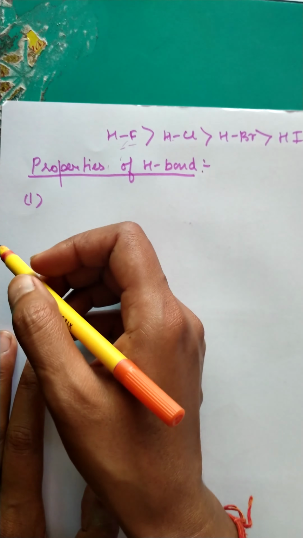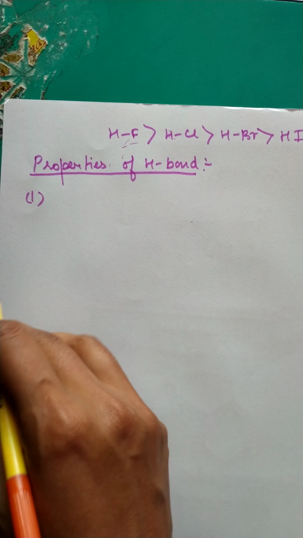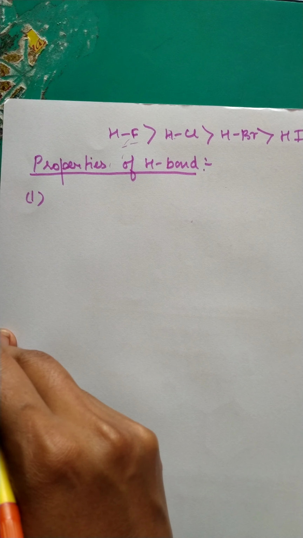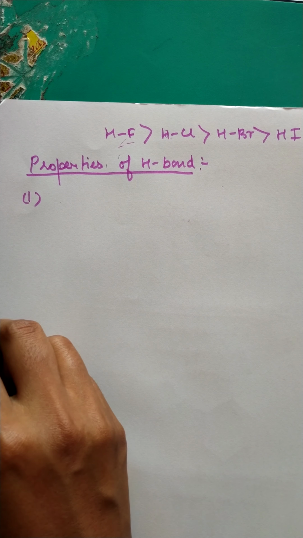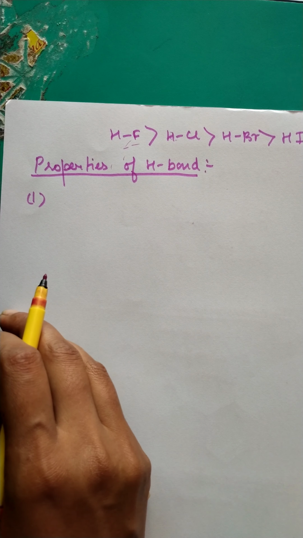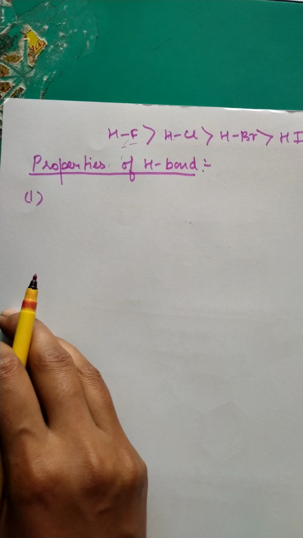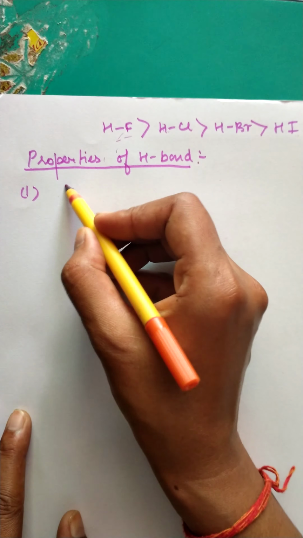Number one is solubility. If any substance does not form hydrogen bonds with water, then it is less soluble. Generally those substances which do not show hydrogen bonding are less soluble in water, and those which form hydrogen bonds are more soluble in water.